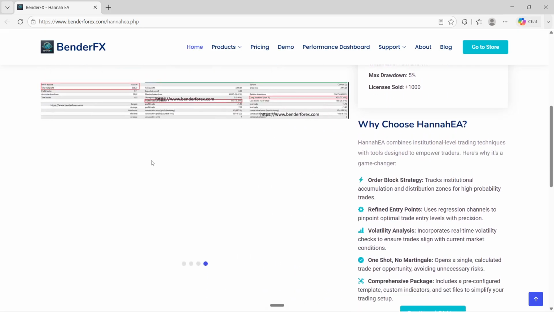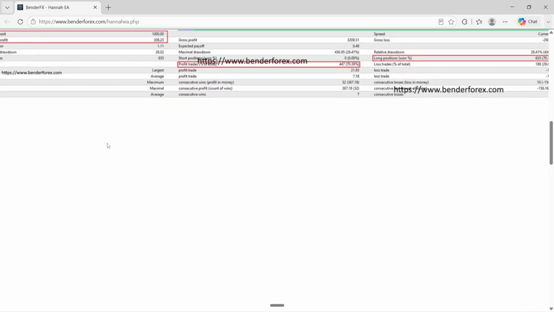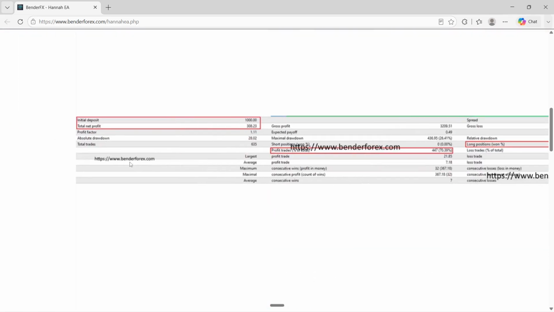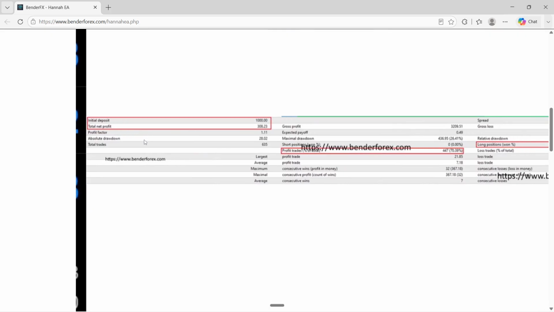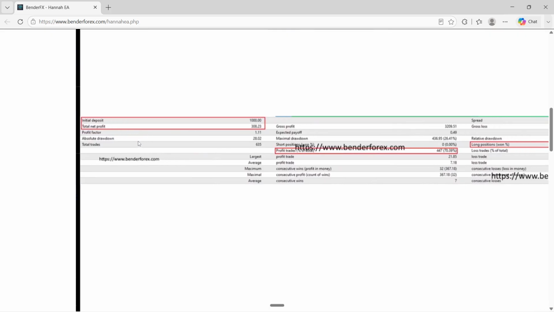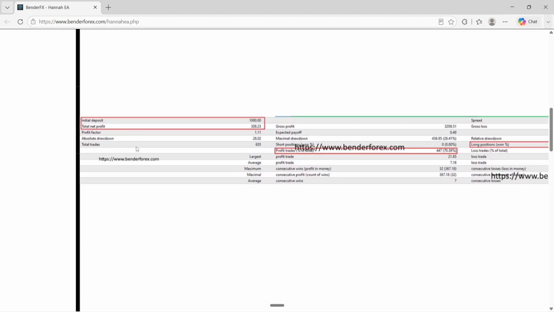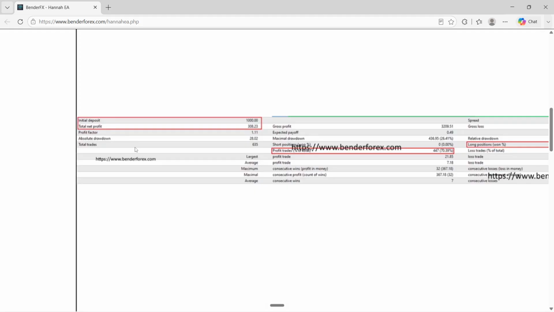Alright, so we have some screenshots here on the site, as you can see. Let's just take a look at some of them. You can see some results here from the developer's testing. You can see for an initial deposit of $1,000, the total net profit was $308.